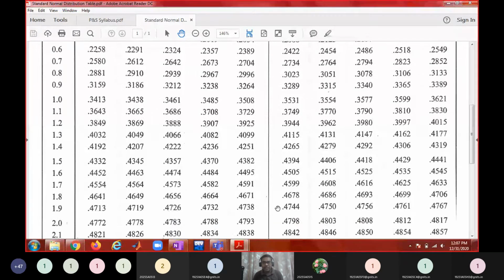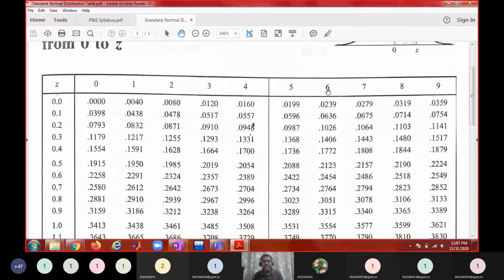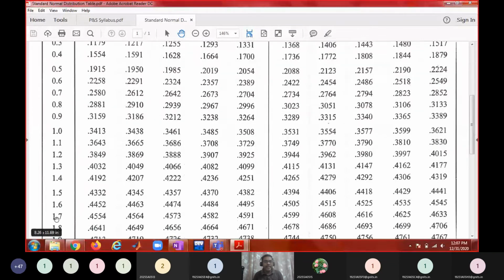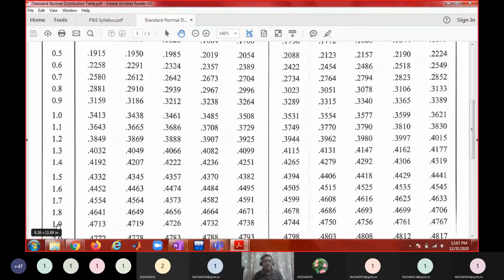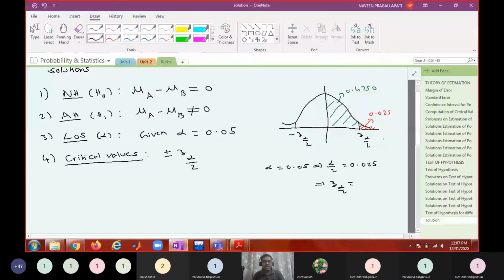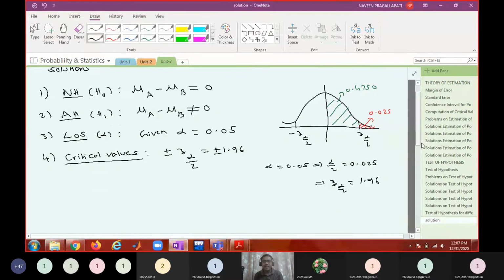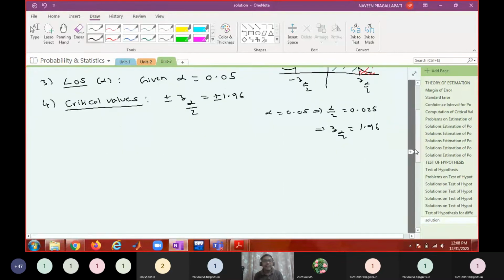See, exactly here 4750: 1.9 is the first decimal, and the second decimal you see in the column at 1.96. So this is plus 1.96. Z alpha by 2 is 1.96, which means plus or minus Z alpha by 2 is plus or minus 1.96. Is that okay? So that is about finding the critical values.